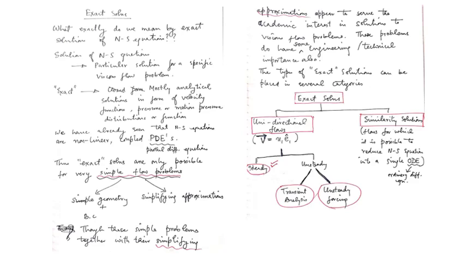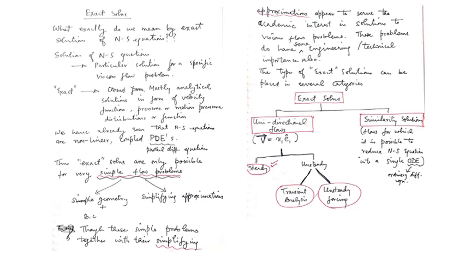Just as you know what an analytical representation of a relation is, basically through functions, exact solutions are functional form solutions of velocity and motion pressure. So velocity and motion pressure will be represented by some analytical relations or functions. This is the meaning of exact solutions.